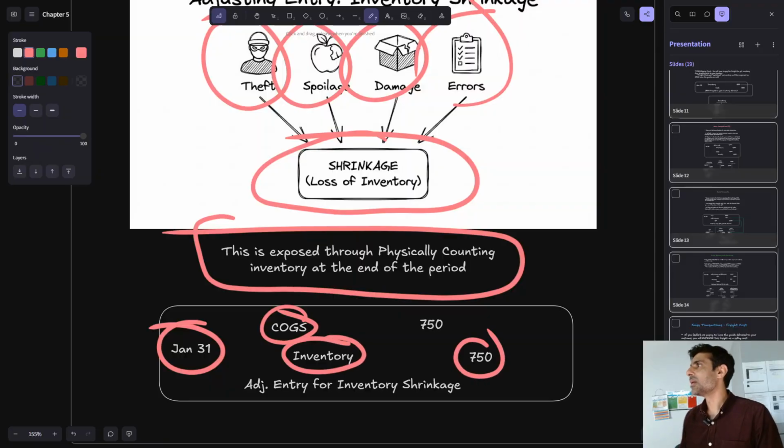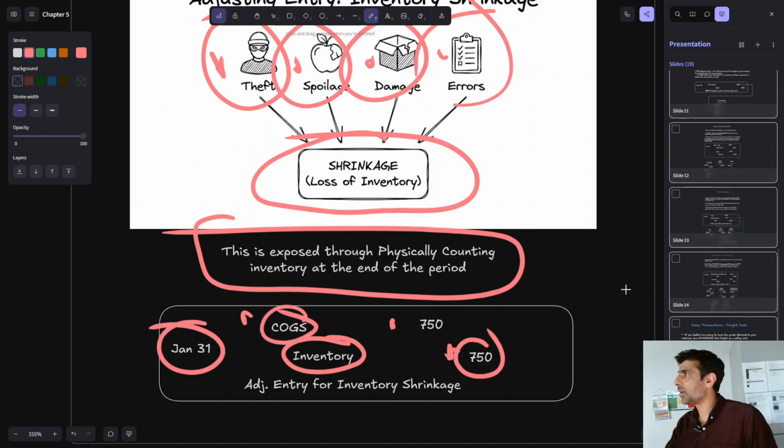That's basically accounting for the loss that we're taking from all these things. It has to be an expense for our business, right? When all this stuff happens, the adjusting entry takes that form: we're losing inventory and we're taking an expense. So this is reducing our net income, right? This is reducing our profitability. And so the bigger this is, the bigger the hit is going to be to our profit.